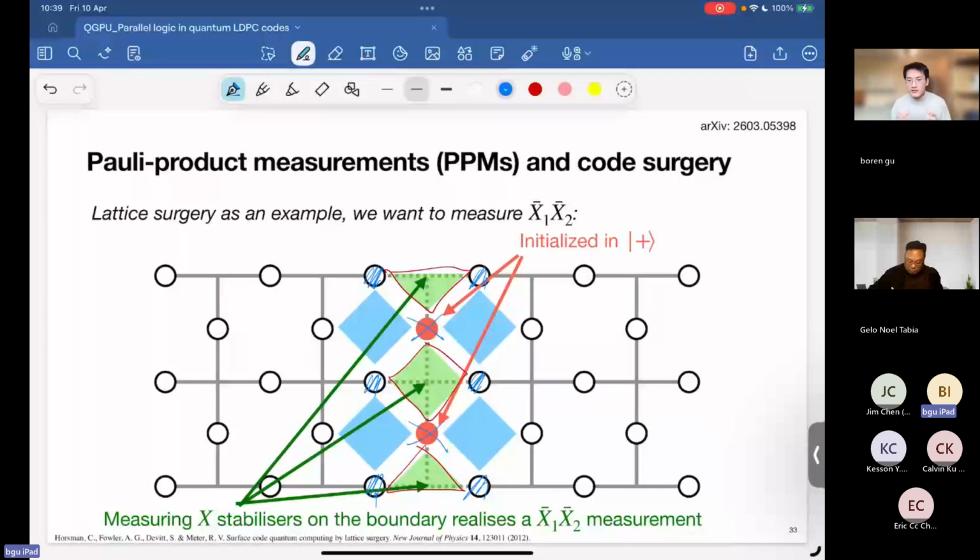So that's a standard example of how you measure the logical operators, or PPMs, that you want, by entangling the two targeted logicals into a larger system and measuring the stabilizers of the larger system. Because you don't want to measure the logical operators themselves directly, right? Because after you measure them out, they are no longer quantum.